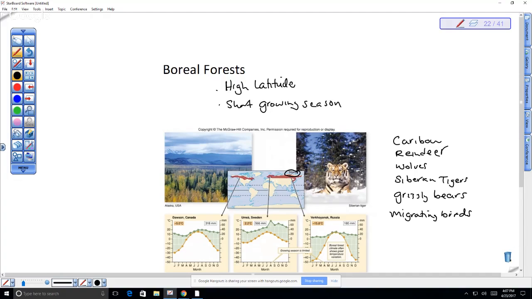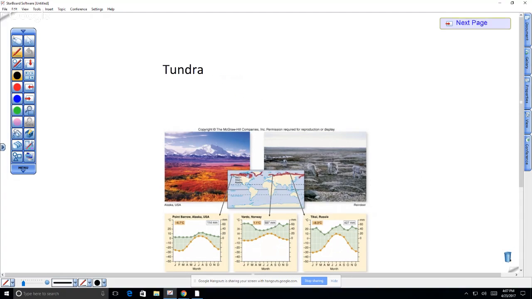Okay, so we're almost done with the terrestrial ecosystems. In the very, very northernmost part, we see that there's a tundra. This is above the latitude of the boreal forests.